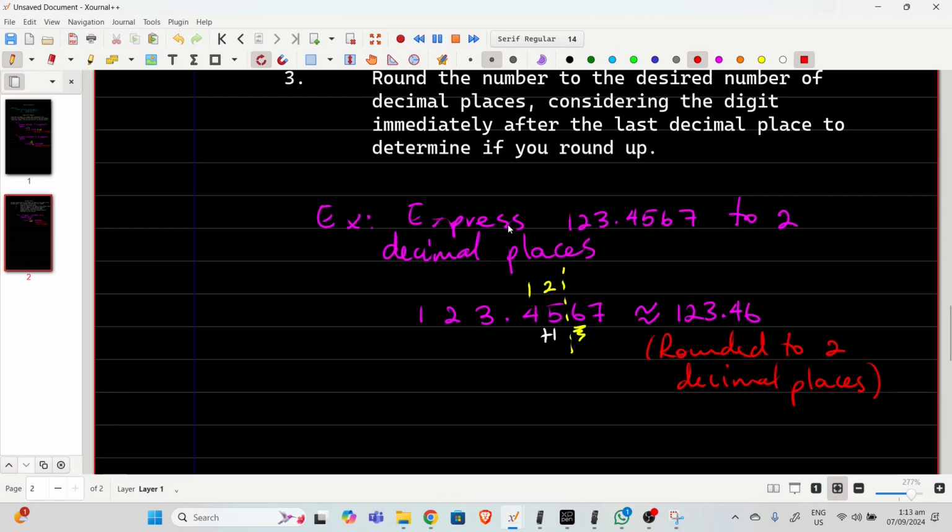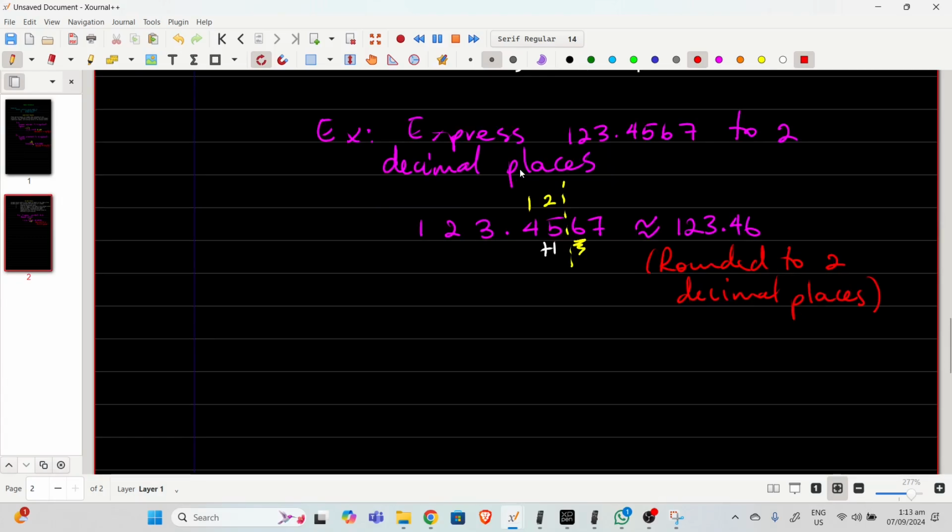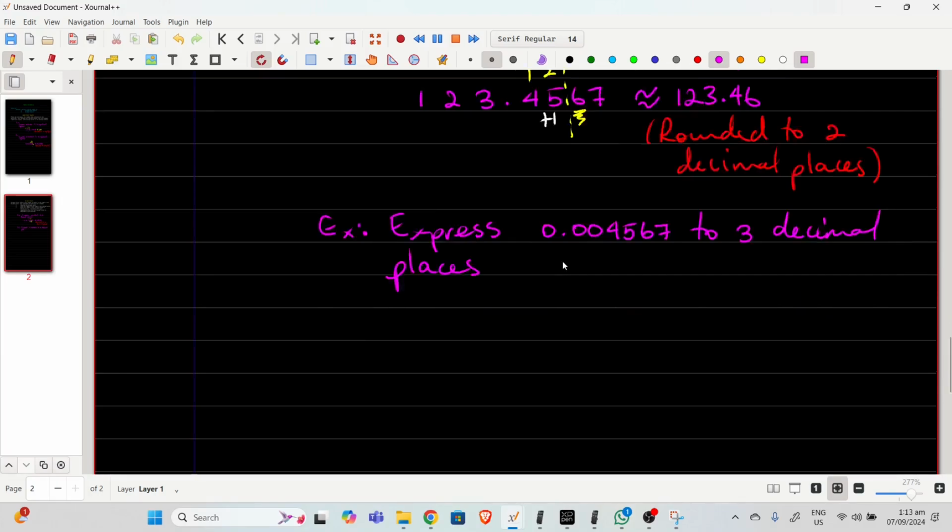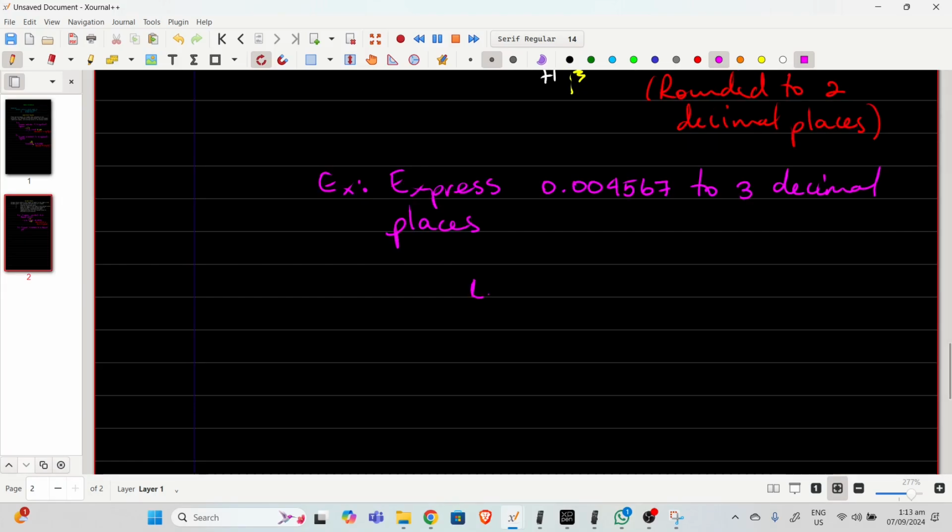Let me try a different one now. Just like before, we're going to do the exact same thing. We are required to express 0.0045723 to 3 decimal places. Again, write it out: 0.004567.